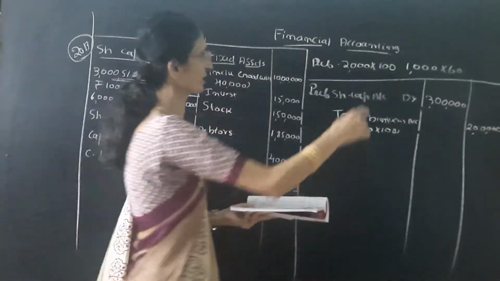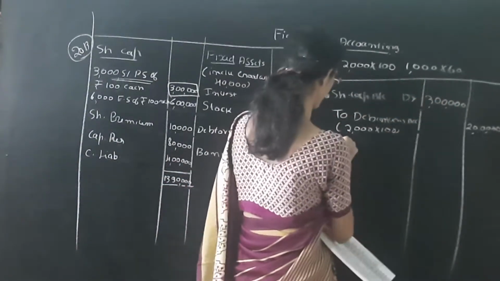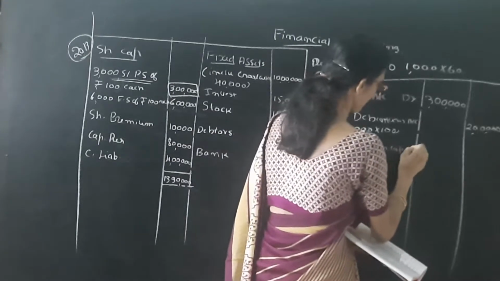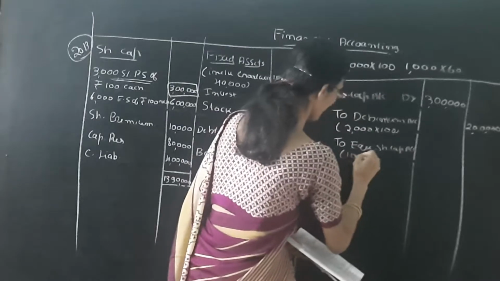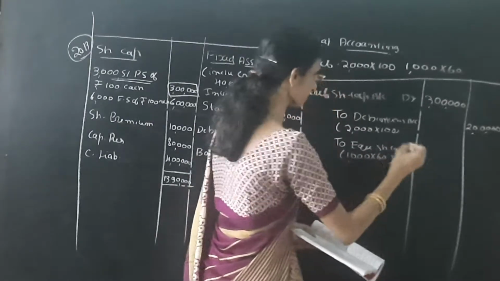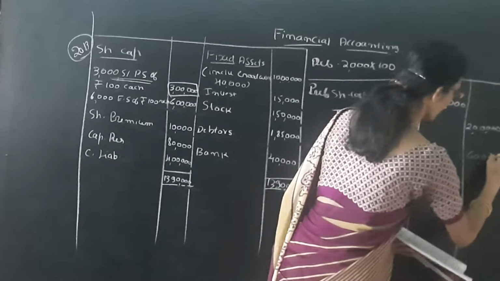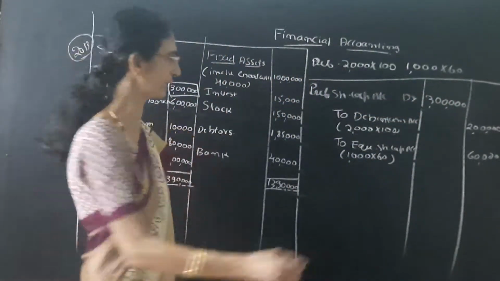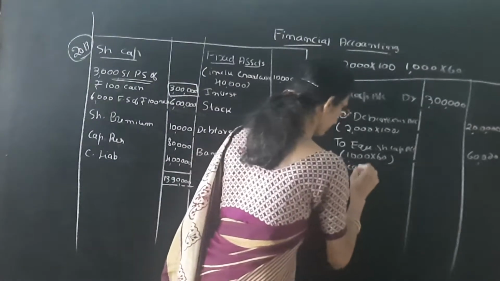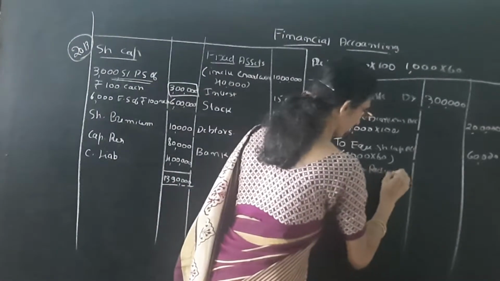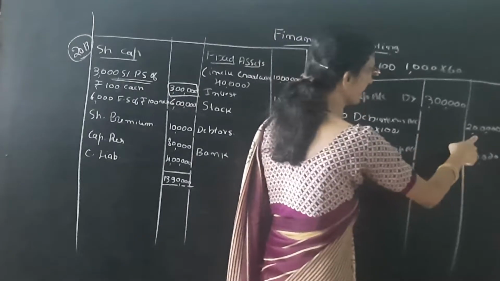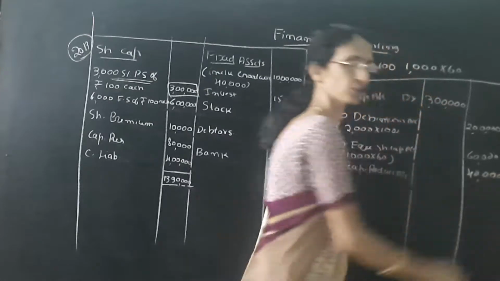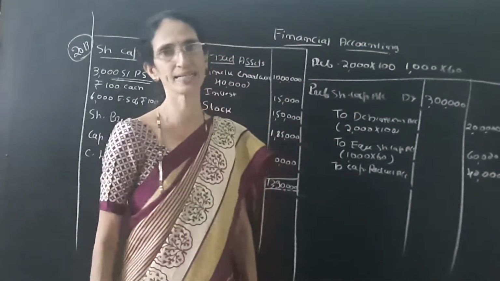Next, 1000 equity shares of rupees 60 each. So to equity share capital account, 1000 into 60, that is 60,000. The balance is transferred to capital reduction account: 3 lakh minus 2 lakh minus 60,000, so we get 40,000.